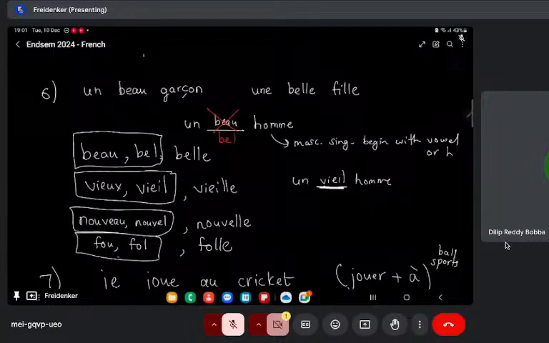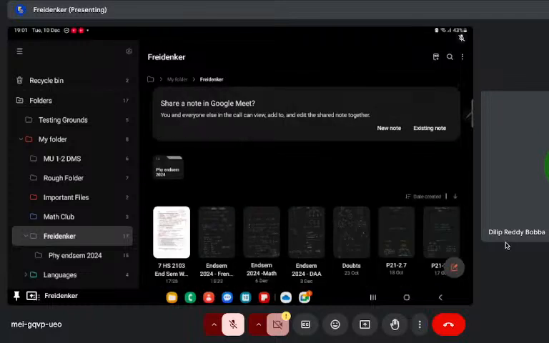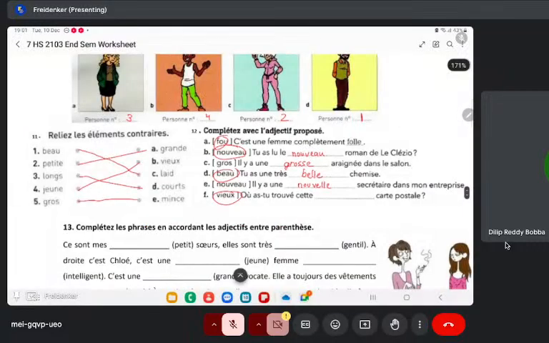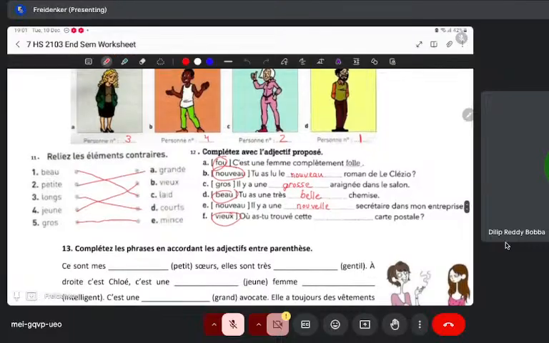So maybe if their plan is to target you, maybe just go through this because these adjectives are not like the usual, right? You have something in between as well. This was a sixth point. In case you don't know the context of this, you can just go back to that part of the video and see. Fine, because four of them are from there. I mean, five questions came from there only. Fine. I mean, this is just an Endsem worksheet. Maybe they're trying to focus on the small things, but anyways, fine.